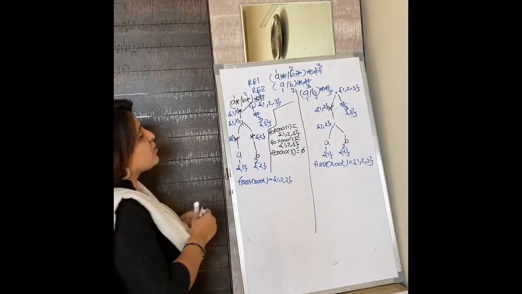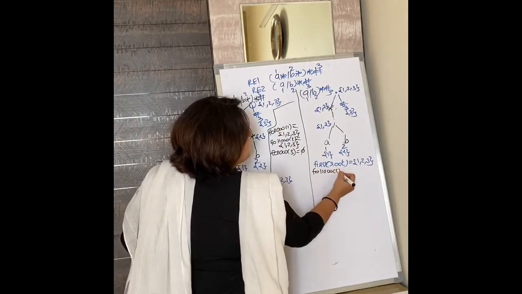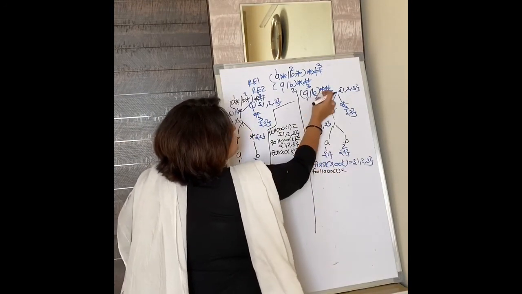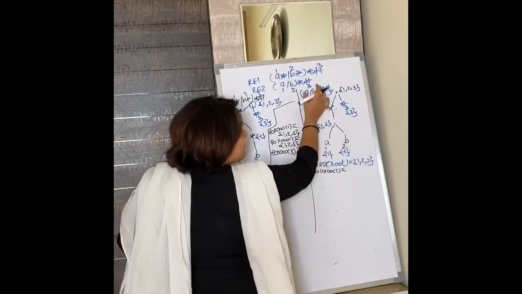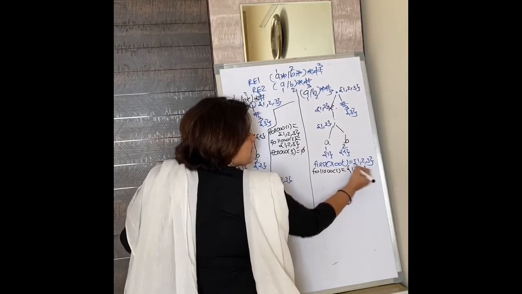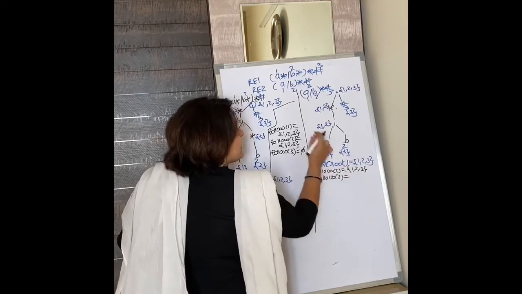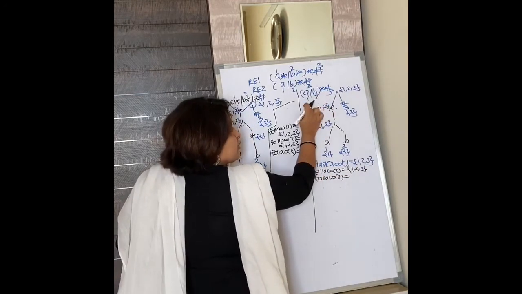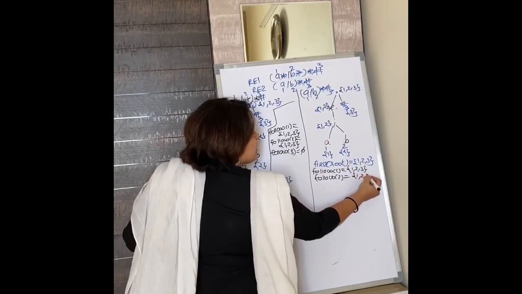Similarly, if I calculate over here, follow of 1: who can follow 1? As it is star of A or B, 1 can also follow and 2 can also follow. And if it is a single occurrence, 3 can also follow. We have already discussed this, so I am not repeating it. Follow of 2: after 2 we can have 2 also, 1 also, and if it is a single occurrence, then 3 also. So 1, 2, 3.